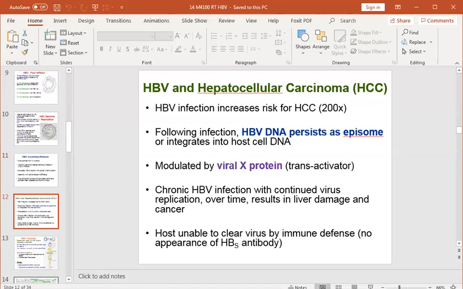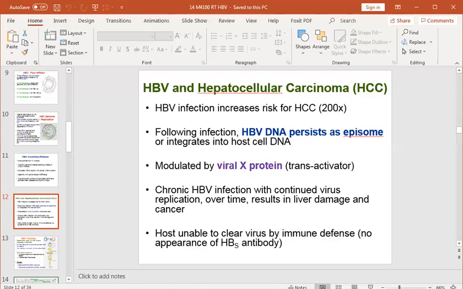Hepatitis B virus and hepatocellular carcinoma. Those people who have an infection of hepatitis B virus have an increased risk of about 200 times for future development of hepatocellular carcinoma. How is this possible?